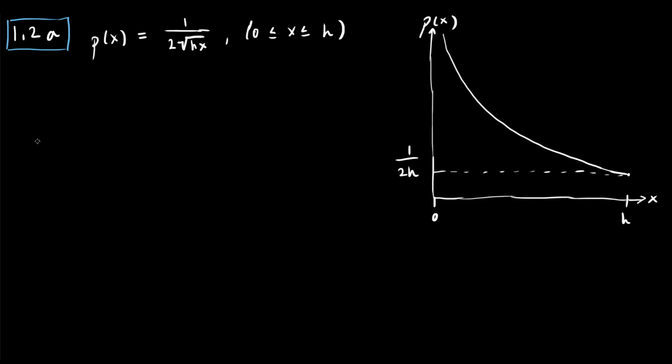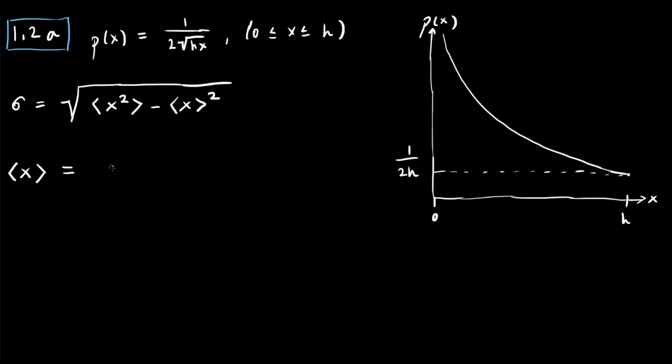So in order to find the standard deviation, the equation is the square root of the expectation value of x squared minus the square of the expectation value of x. So what we could do first is find the expectation value of x, which is just the integral from negative infinity to infinity of x times the probability density dx.